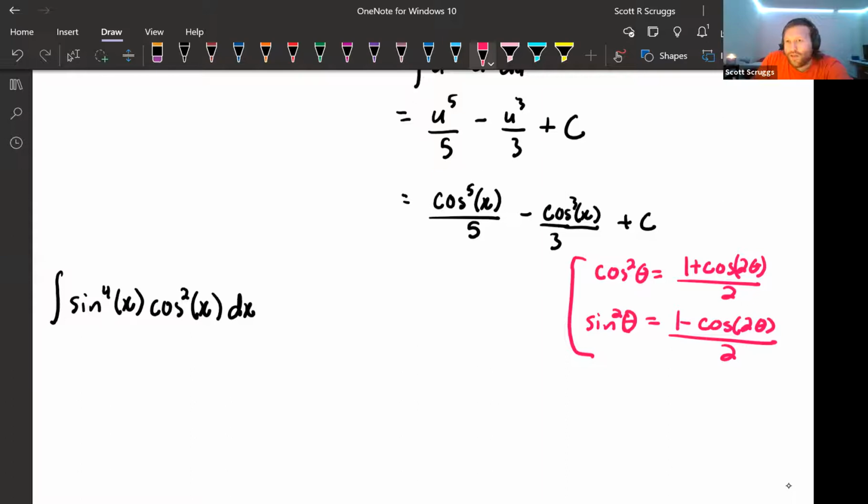And that's just me clarifying. Is that what you meant, Matthew? Yeah. Okay, these are called half angle identities. The double angle is if I had cosine of 2 theta or sine of 2 theta. But in this scenario, as long as you know them, I don't care what you call them.